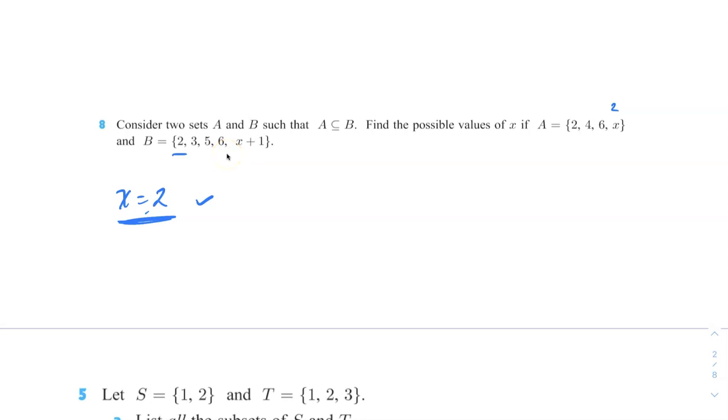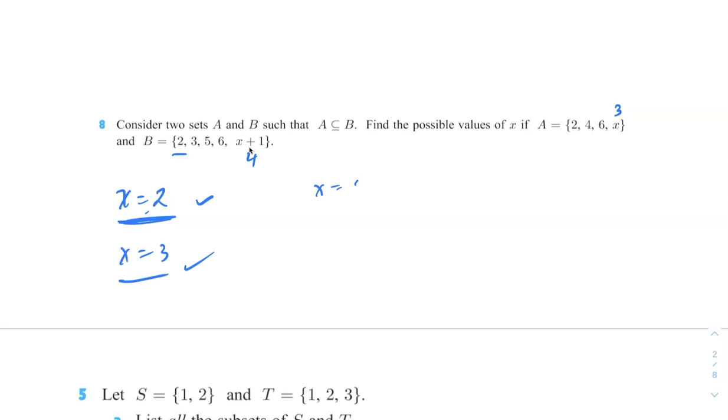So that one works. If x is equal to 3, then I get a 3 here. There is a 3 here, that does work. And then 3 plus 1 is 4. Again, there's a 4 up here, but it doesn't matter. All that matters is that all of these happen to be in this set. So 3 actually works too.